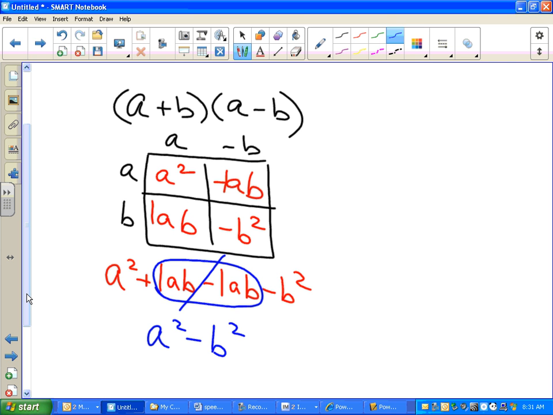Well, you realize that if there's a subtraction sign in here like this, then something must have canceled. If you don't see a middle term, an ab middle term, then something must have canceled. And what you probably recognize is that a and b are the same, except one is plus and one is minus. All right?